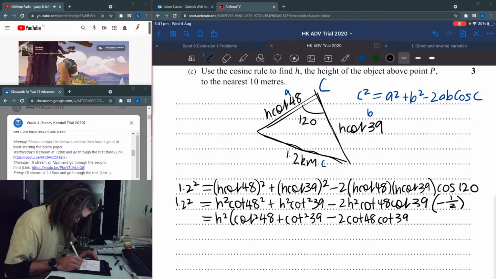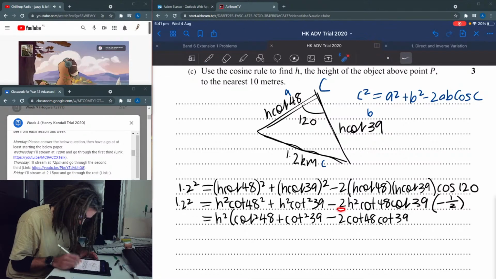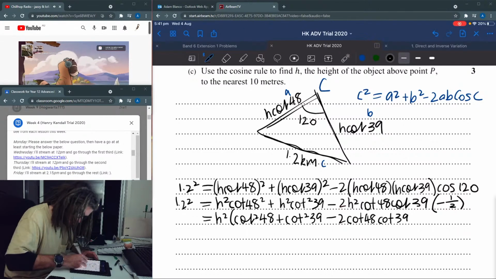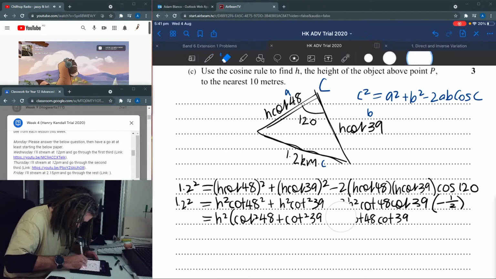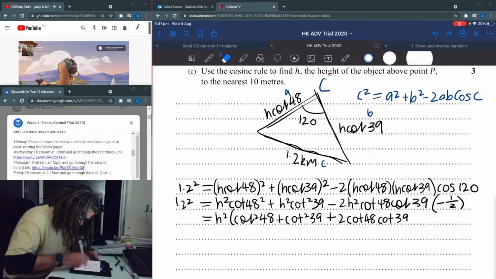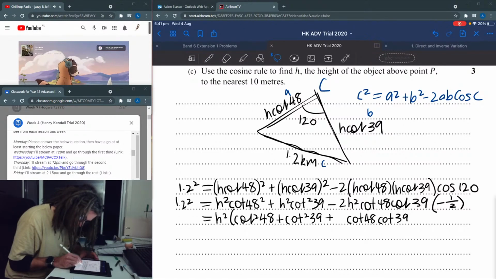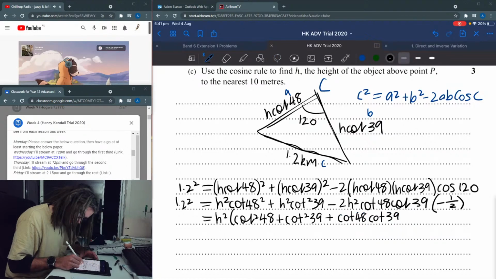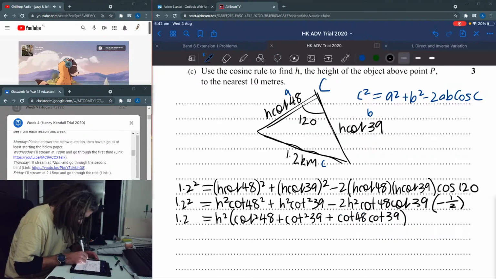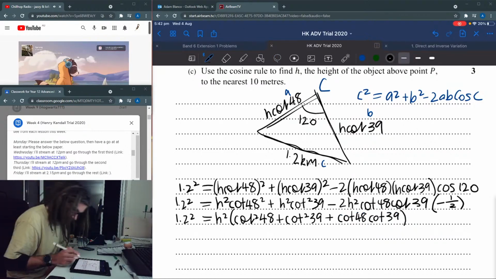Oh, actually, look at this. This is minus 2 times minus a half, so that's going to be plus 1. Okay, let's just run that. Plus 1, equals 1.2 squared.